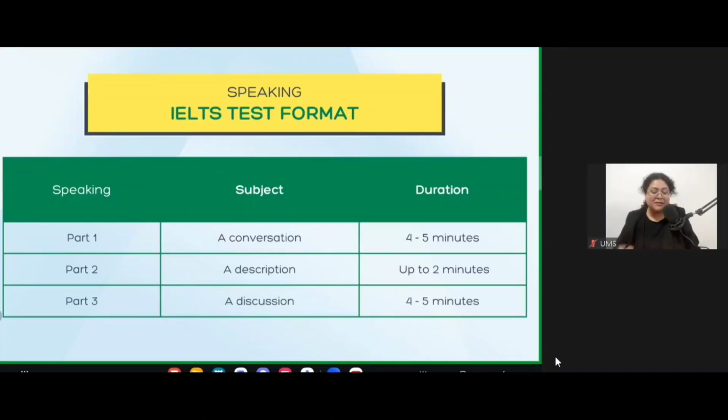And when it comes to the second part, the cue card part, we have description. Even though people freak out all the time about this, frankly, there's no reason to, because it's just very basic description. In journalism, for example, when we're penning an article, we have the basics of what, why, where, how, all the WHs, right?